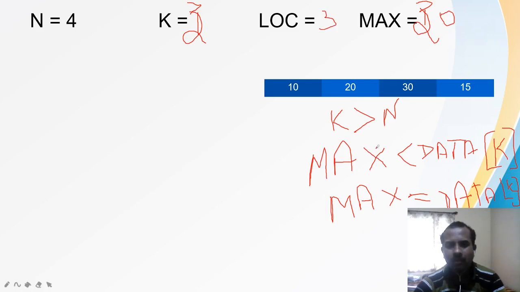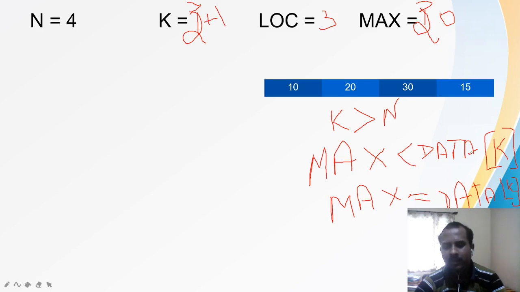Okay. Now I am going to increment k by 1 again. So now k will become 4. Is it greater than 4? No, 4 is equal to 4, right? So I am again going to check whether max is lesser than data of k.